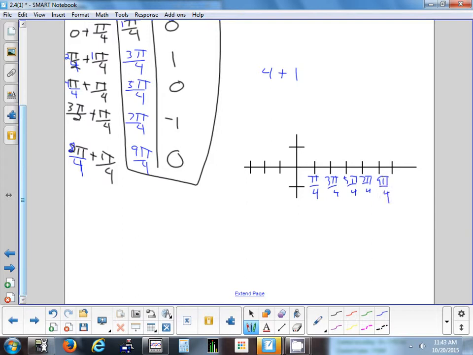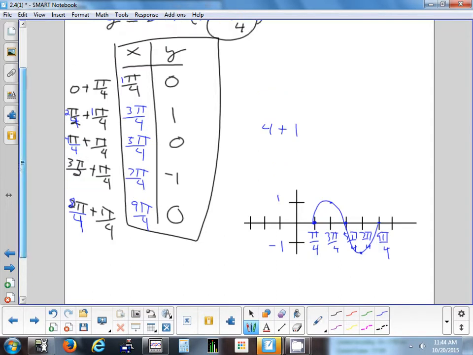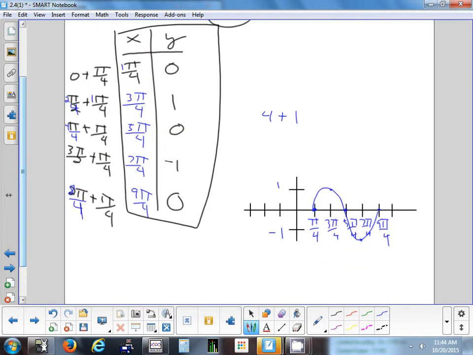Sometimes it gets a little cramped, but just squeeze it in the best you can. Right. 0, 1, 0, negative 1, back to 0. Okay. Any questions on that?